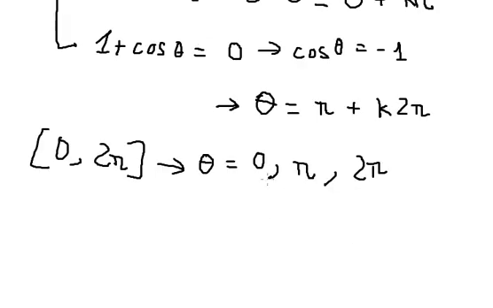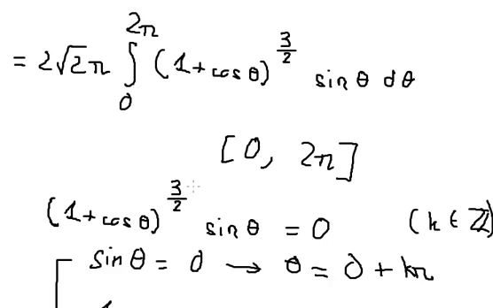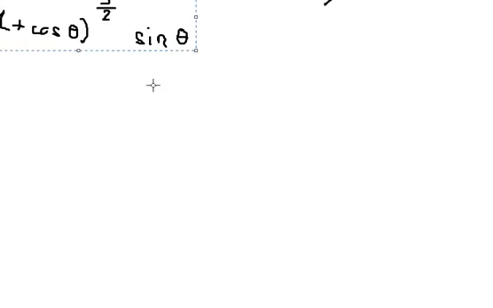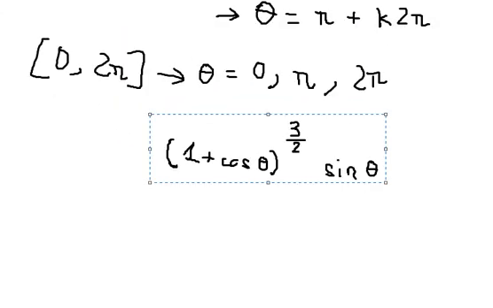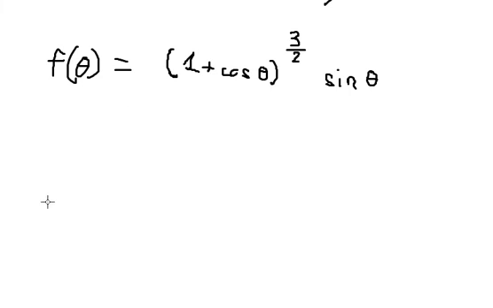So we have 3 solutions, but at π, we have one intersection. Now, let's put one value between 0 and π into this equation, because we want to find the sign of this function in here.